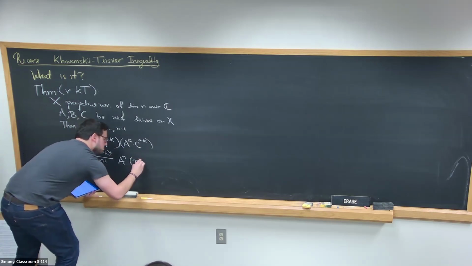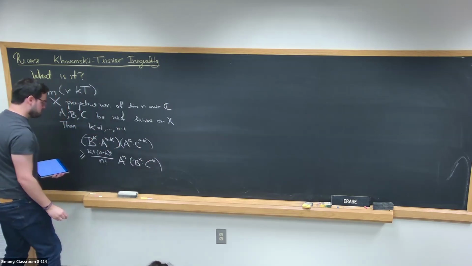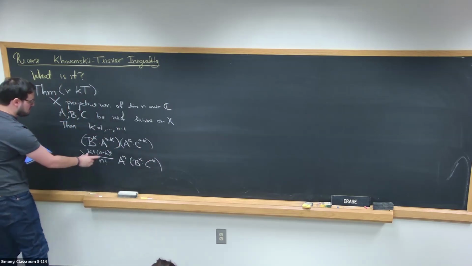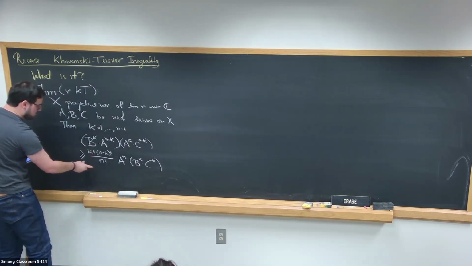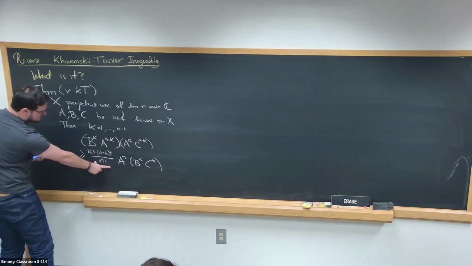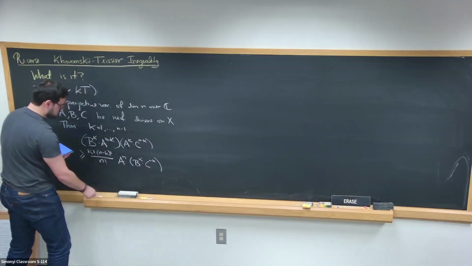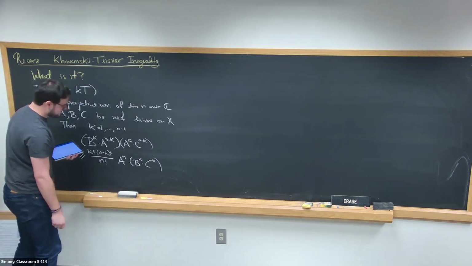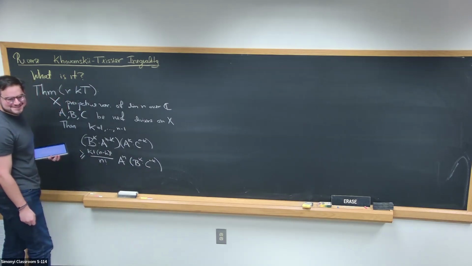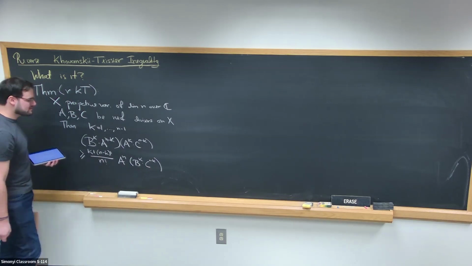So the product of these two intersection numbers is bounded below by 1 over the binomial coefficient times A to the n. So this is the inequality.